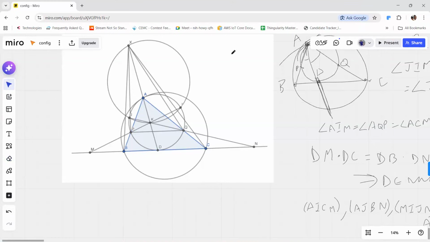XAQN. Okay, yes, that could be cyclic. Wait, one second. No, cyclic? Sorry. That's fine. Anything else? Maybe we can try and incorporate D as well.